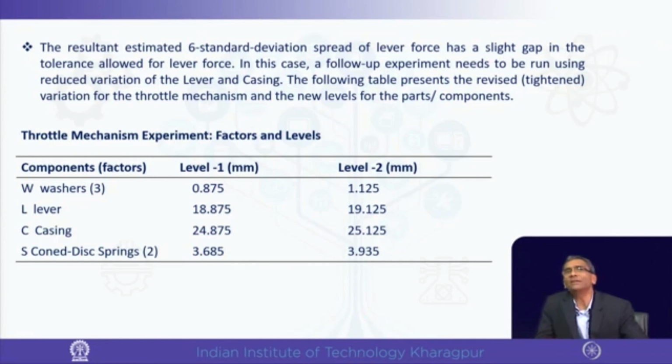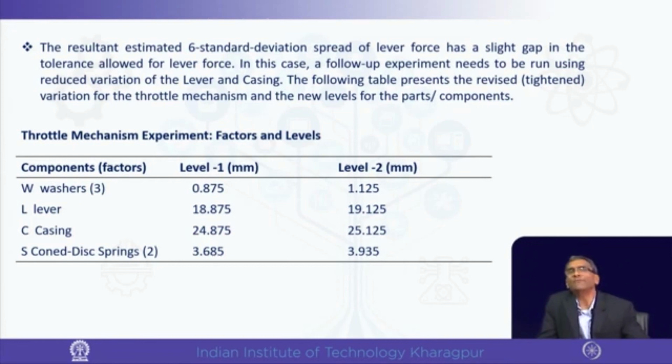We are increasing the lower level and reducing the higher level. So, what we are doing, we are tightening it. So, instead of 18.75 it becomes 18.875 and 19.25 becomes 19.125. Same is for the casing.